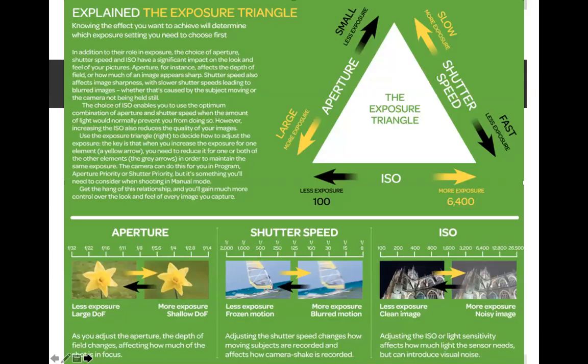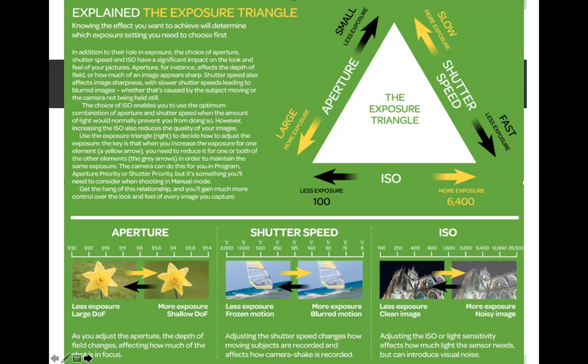So I like to think about your exposure as a seesaw. Okay, so one side goes up, the other side's going to go down, and you want it to be in equilibrium. So if you're changing one component, you got to change the other one to balance it back out. To make this a tiny bit more complicated, instead of it just being a two-person seesaw, it's a triangular three-person seesaw.